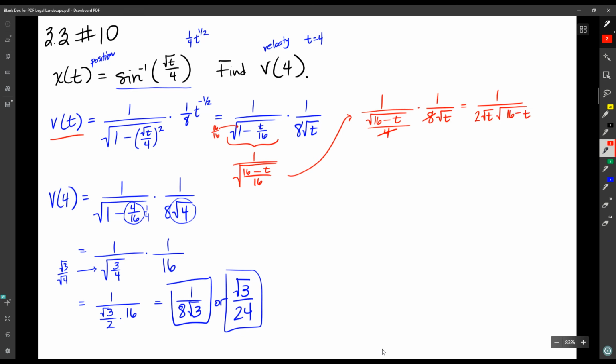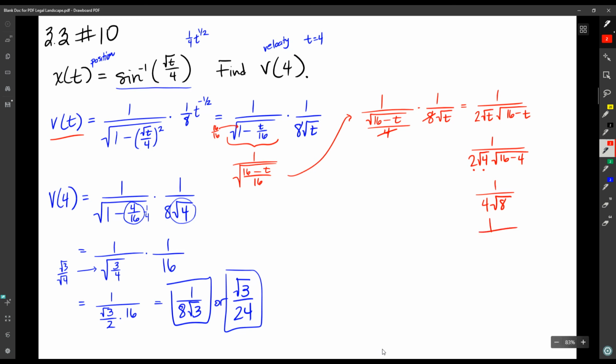So if we plugged in a 4 to this, and we had a 1 over 2 times a root 4 times a root 16 minus 4, what do we end up with? Well, this is a 2 times 2, which is 4. So that's a 1 over 4. And then this is a root 8. Well, root 8 we know simplifies to a 2 root 2.